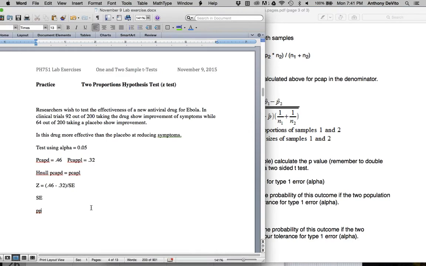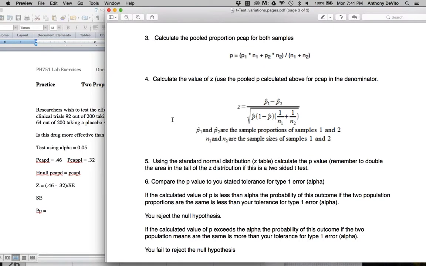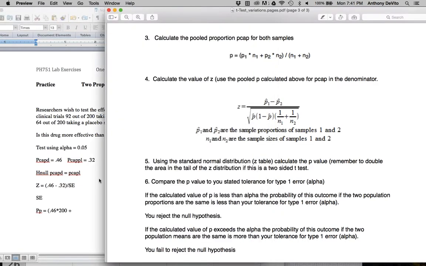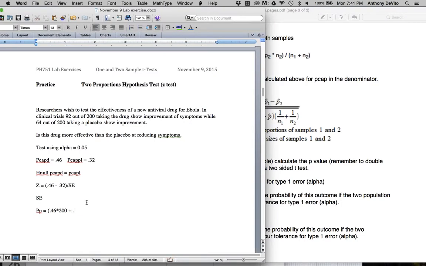Okay, so our pooled proportion is going to be equal to p-cap, that's 0.46 times our sample size, which is 200, plus 0.32 times that sample size, divided by our total sample size, which is 400.